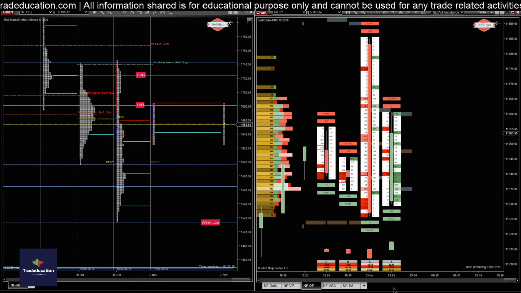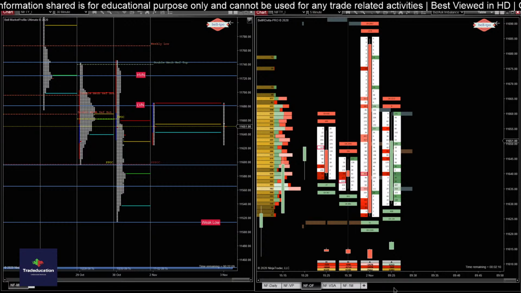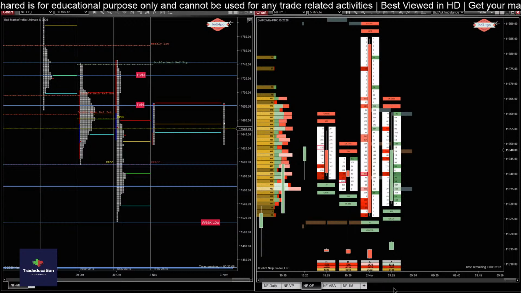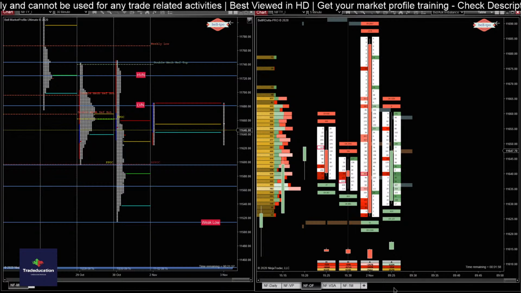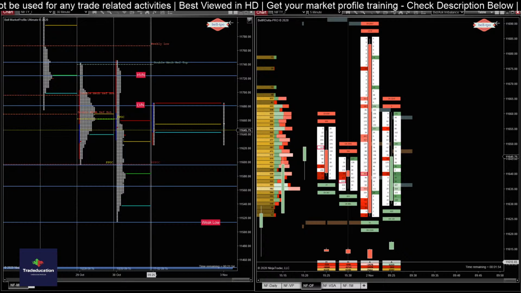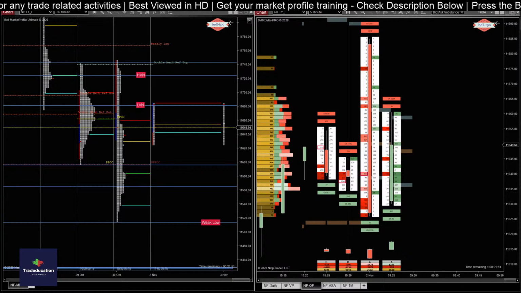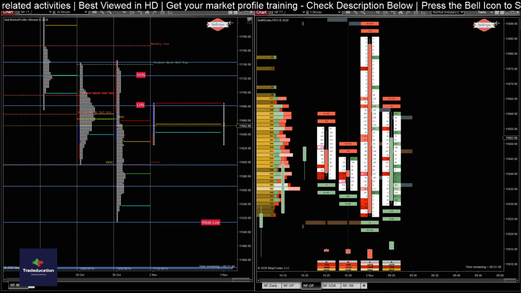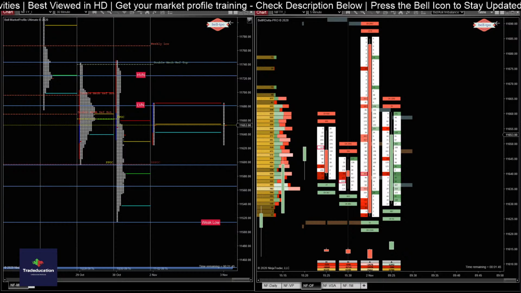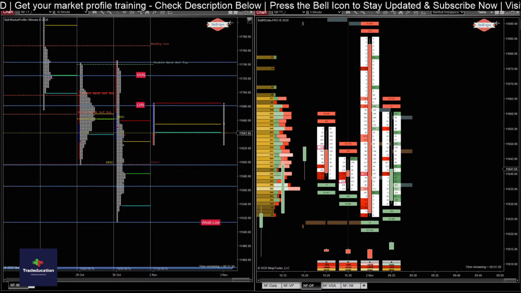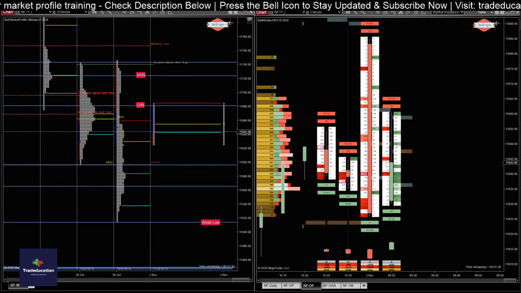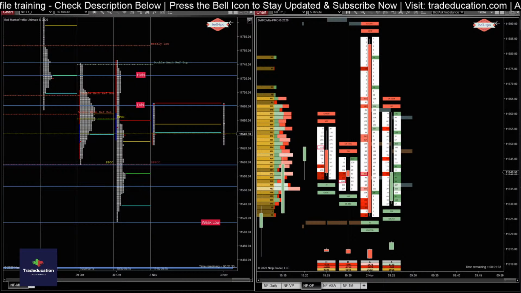So 3,000 contracts traded. There's still 2 minutes to go. So good rejection being seen around VWAP.